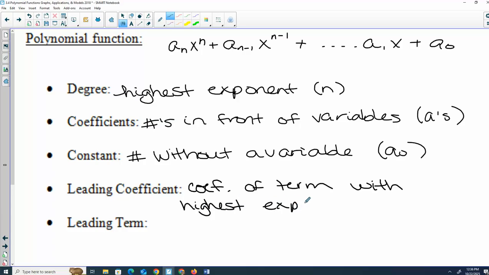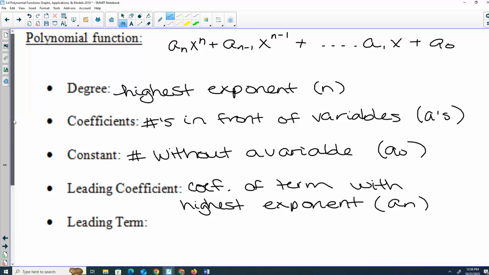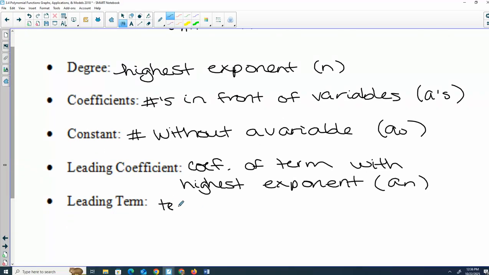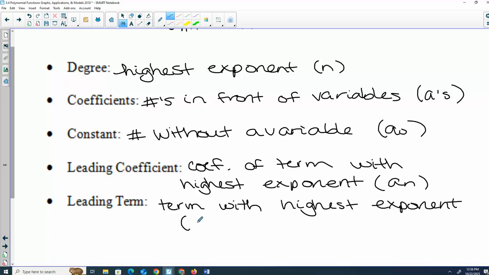If it's written in decreasing order, that's the first one. It doesn't necessarily have to be. That's just our standard form. So it'd be that a sub n. And the leading term is the entire term with the highest exponent. So that term is the number with the variable.